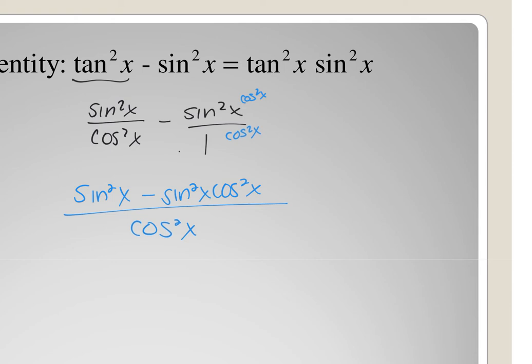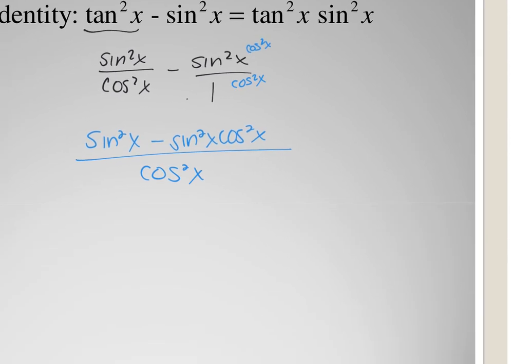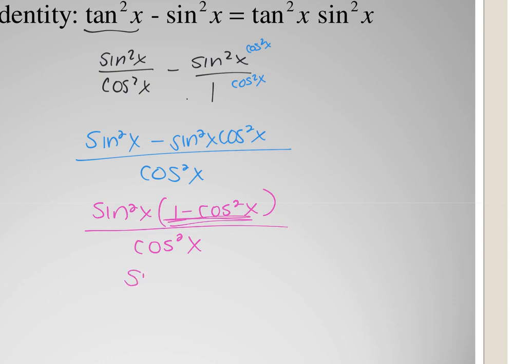Then what? Take out a sine squared. Now there's a 1 minus cosine squared. What's 1 minus cosine squared? Sine squared x.